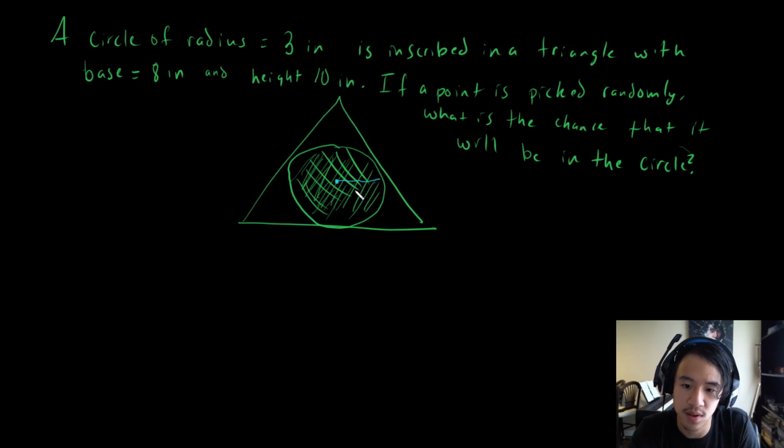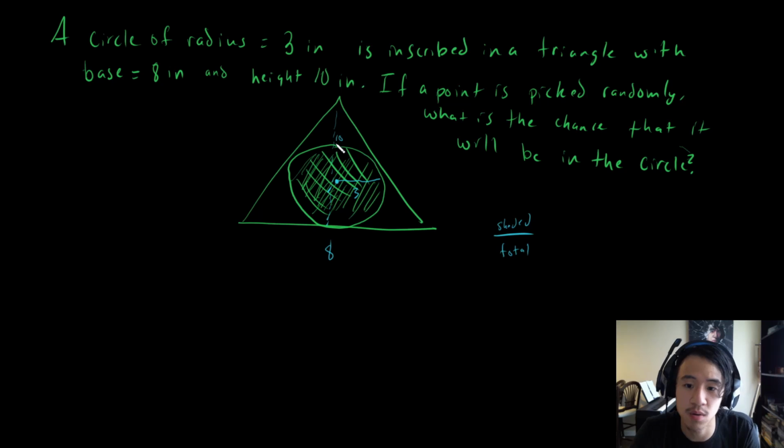Circle of radius 3. And we have a triangle with base 8 and height 10. All right, so we're going to do the same thing. We're going to do the shaded over the total.